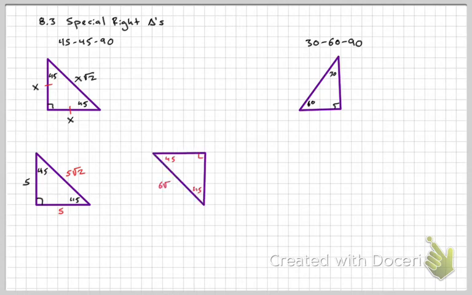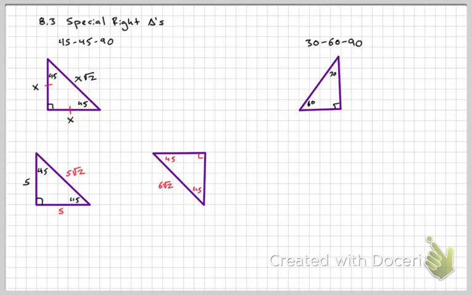Let's look at a different scenario. Notice in this case, they're giving us the hypotenuse. So the hypotenuse is 6 rad 2. Let's go back to our original diagram here. If I'm given the leg, I multiply by radical 2 to get my hypotenuse. If I'm given the hypotenuse, I divide by radical 2 to get my leg.